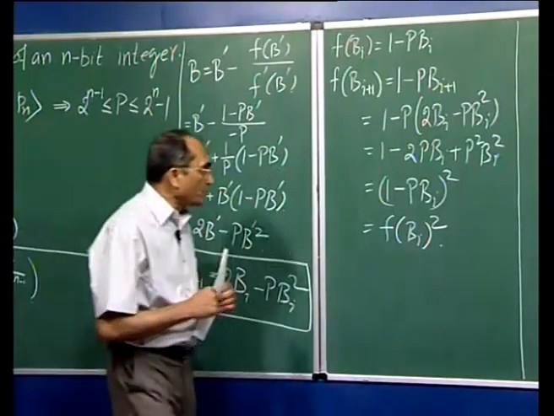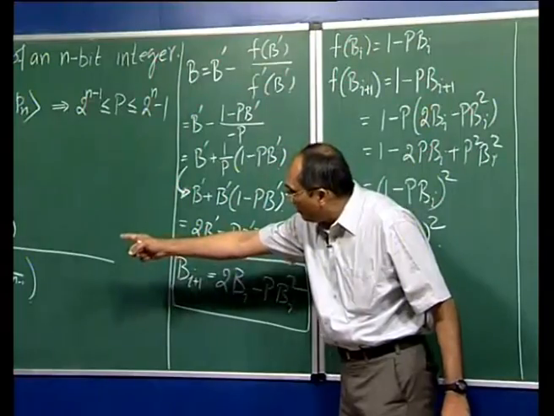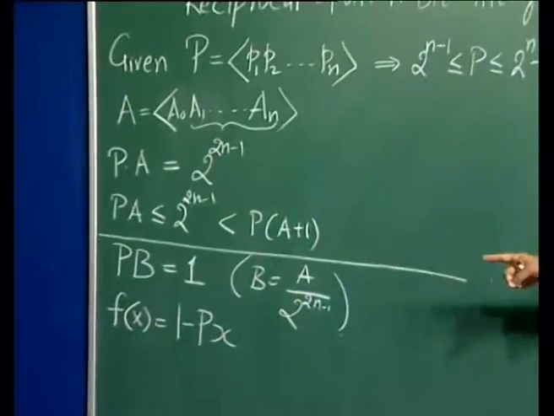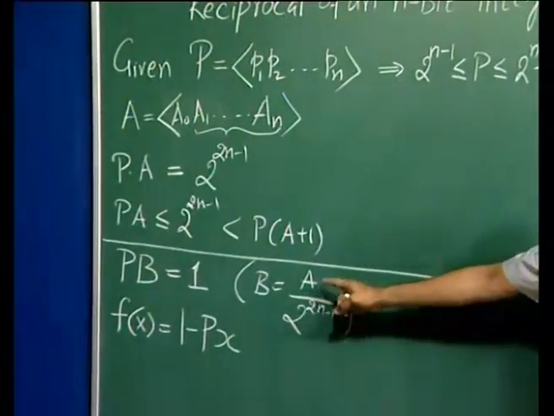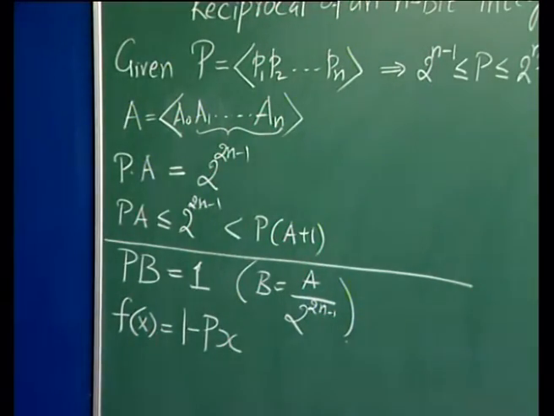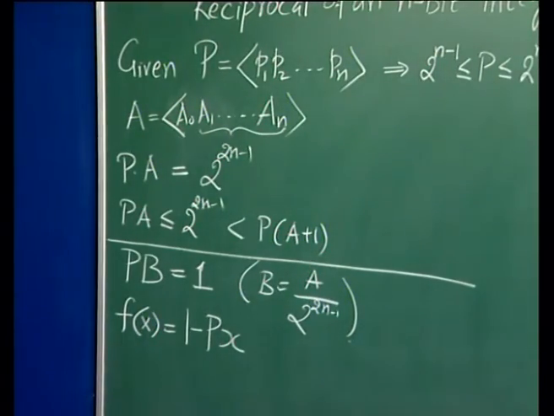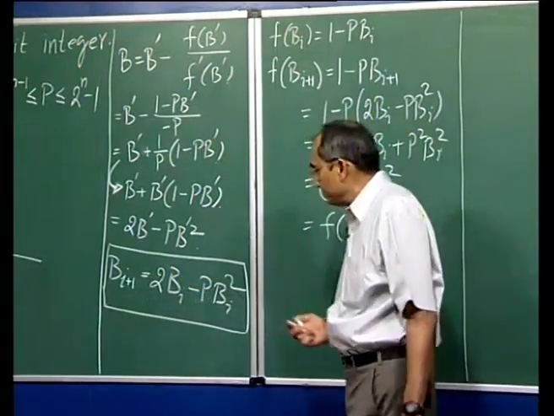Now, let us try to plug in the value of b in terms of a. Notice that b can be replaced by a by 2 power n minus 1, because that would give us a recurrence relation for a.